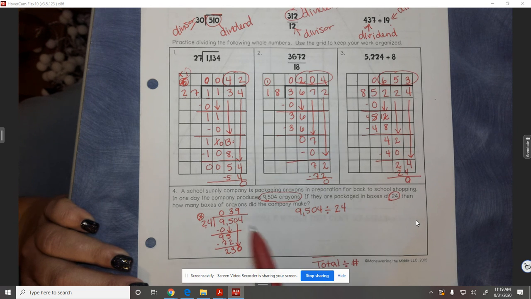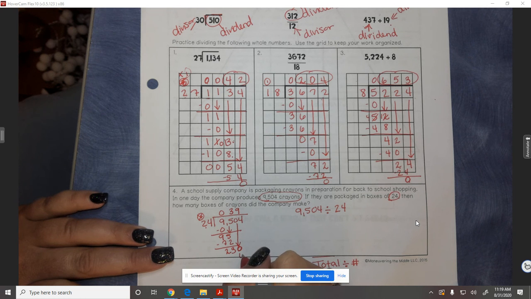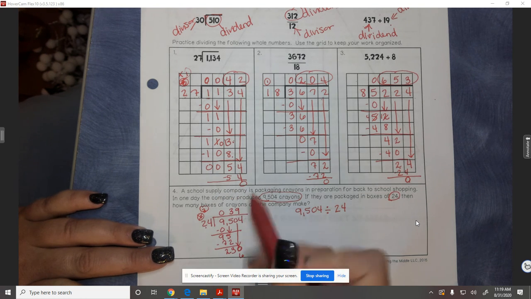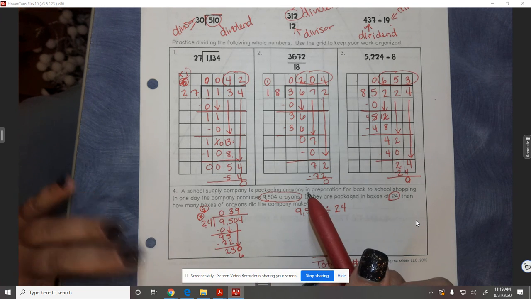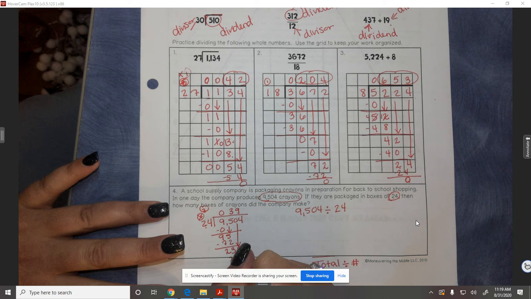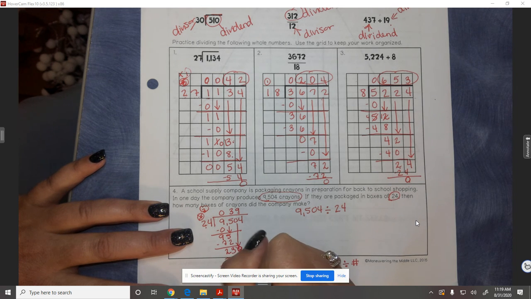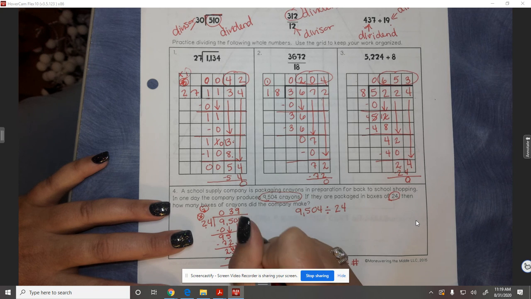Okay, 9 times 4 is 36. Okay, 9 times 2 is 18 plus 3, so 18, 19, 20, 21. When I subtract, I've got more on the floor, so I have to go next door and get 10 more. 10 minus 6 is 4. 2 minus 1 is 1. 2 minus 2 is 0.